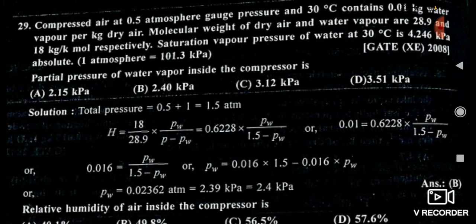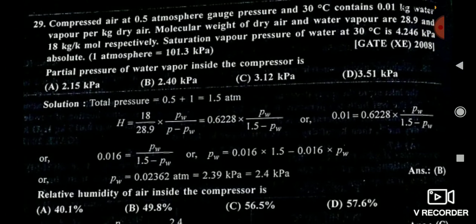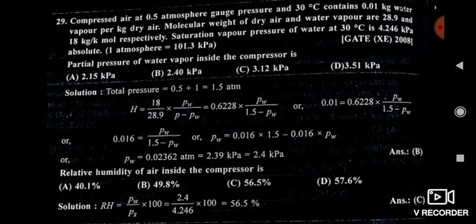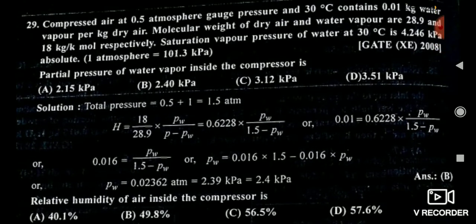So from there we can easily calculate the partial pressure of water vapor. And friends, you see here that the gauge pressure is 0.5 atmosphere. I think all of you have studied gauge pressure, absolute pressure and atmospheric pressure in fluid mechanics: total pressure is equal to gauge pressure plus atmospheric pressure.